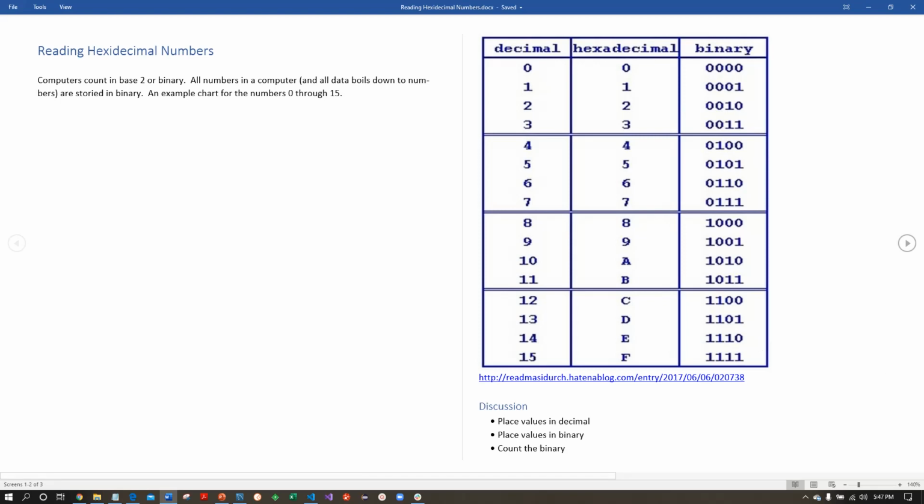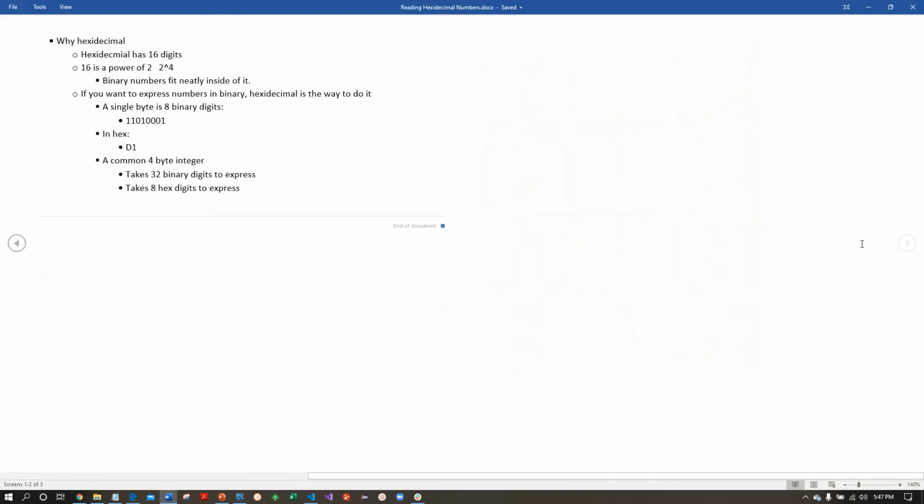So keep that 4 digits in mind. A single byte is 8 binary digits, so it could be represented this way, say. Each group of 4 is also called a nibble by some people. In hex it is represented this way. So this can be written this way, and that's why we use hexadecimal to report numbers in computer programming.